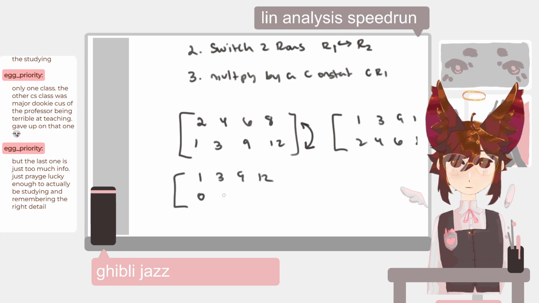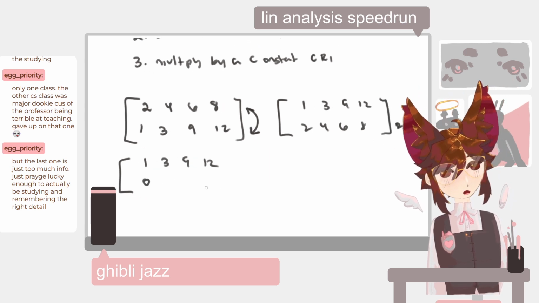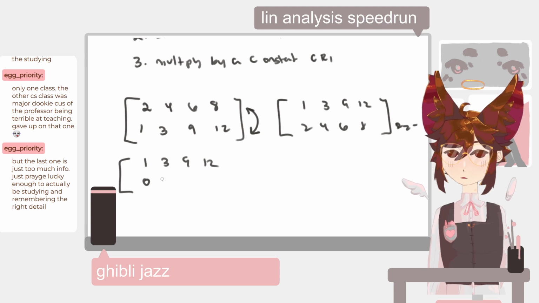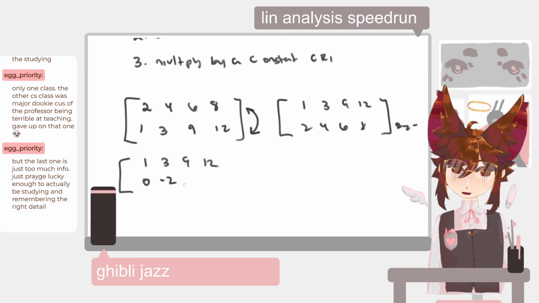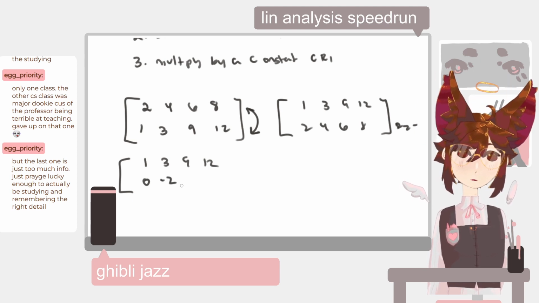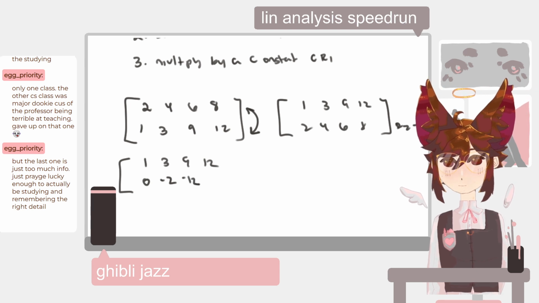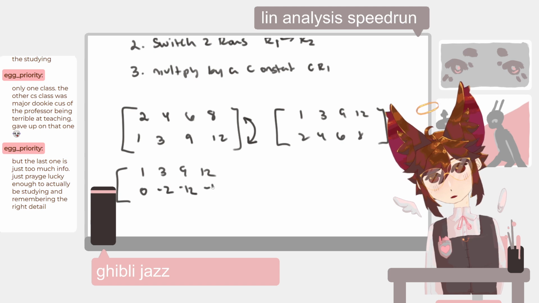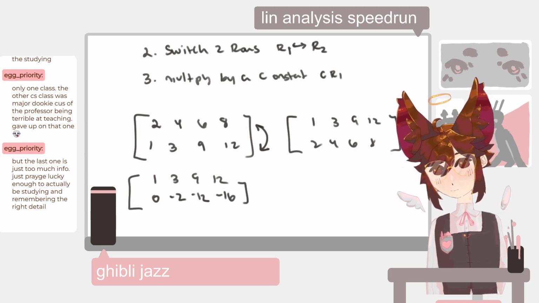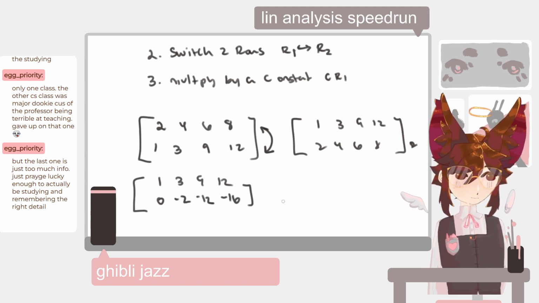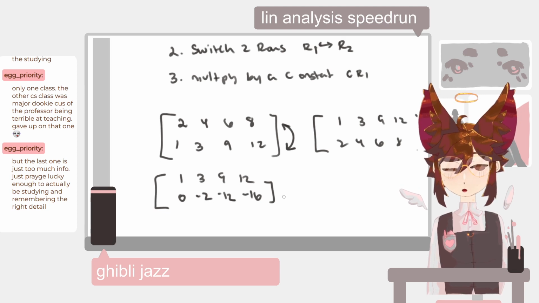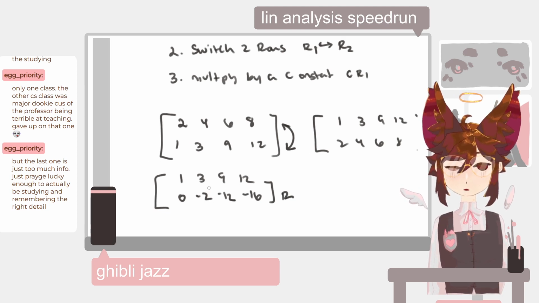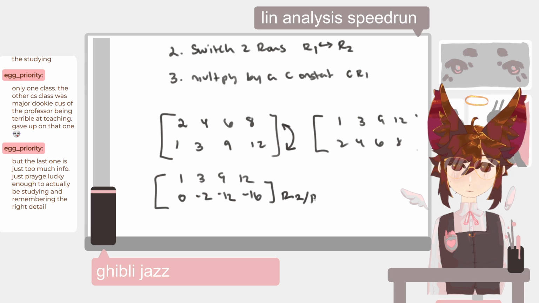So 0, right? 4 minus 6 is negative 2. 6 minus 18 is negative 12. And then 8 minus 24 is negative 16. Cool. Now we can divide this by negative 2 because we want a 1 on the bottom, right? R2 divided by negative 2.